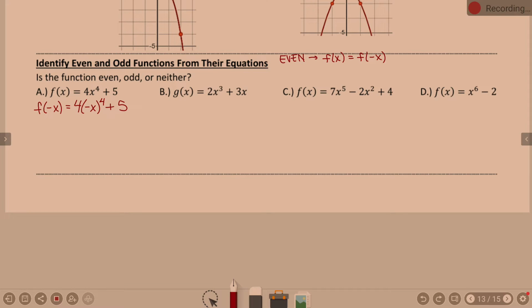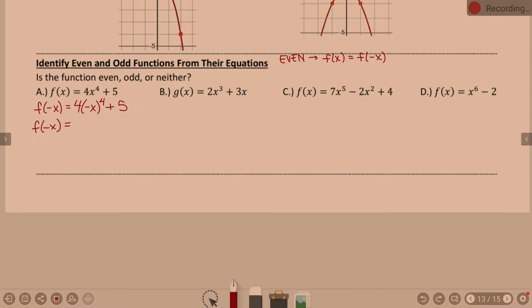Now, as we clean that up, this is where you have to know, okay, what is negative x raised to the 4th? So in other words, what is a negative raised to the 4th power? A positive, right? Because when you multiply an even number, 4 is even, right?